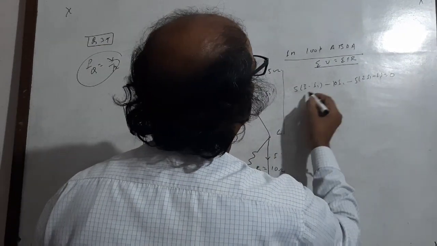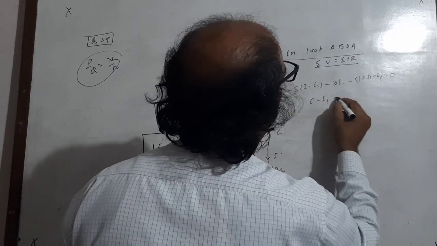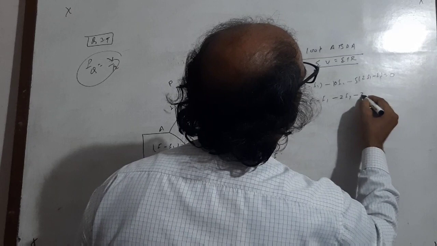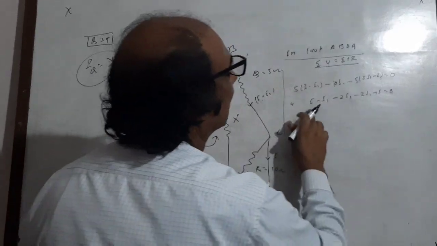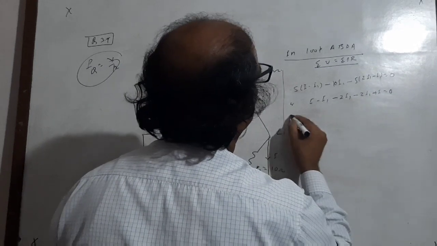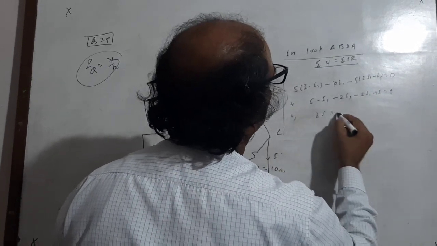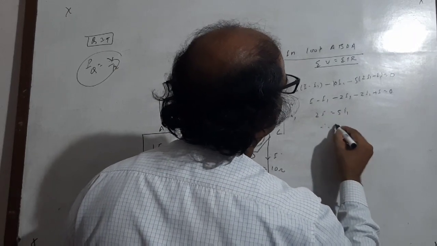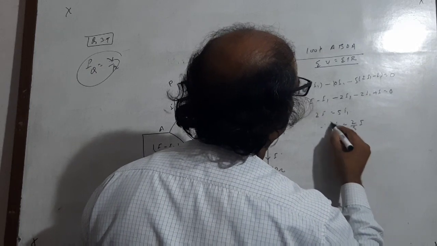Taking 5 common, this value I minus I1 minus 2I1 plus I equal to 0. I and I equal to 2I. 2 to 4 are 1. 5I1, and therefore I1 equal to 2 by 5 I.